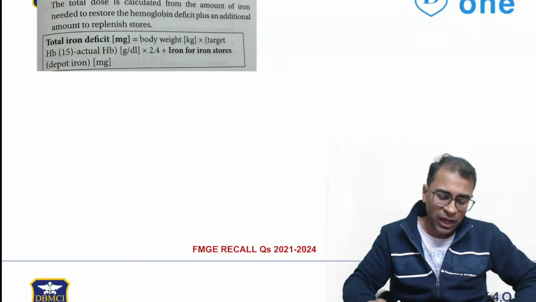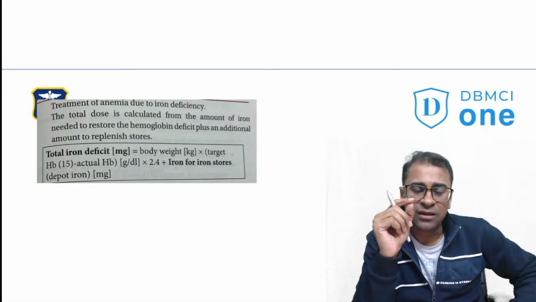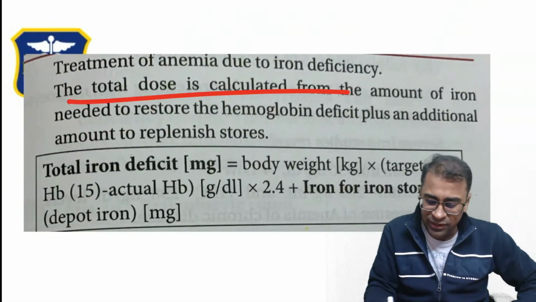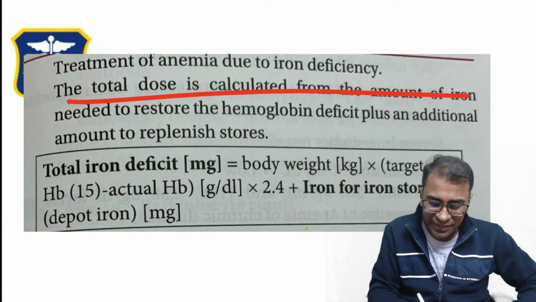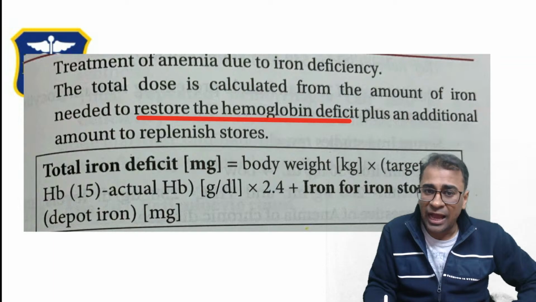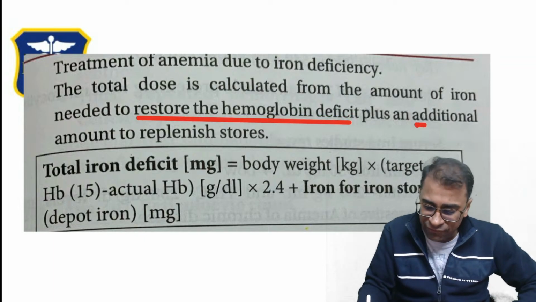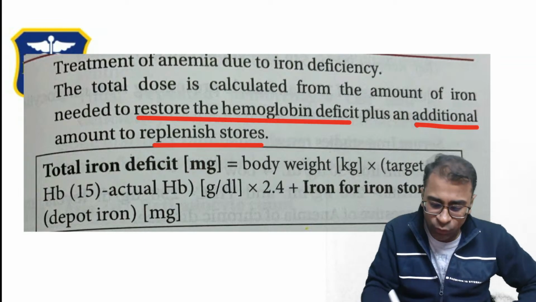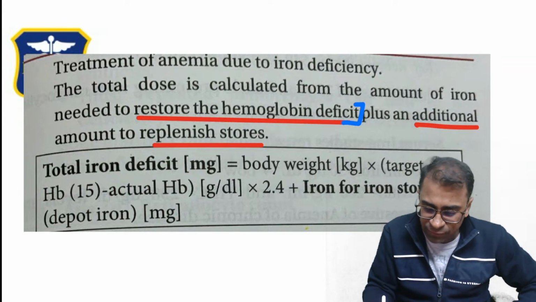देखो, how do we give the iron therapy? समझो, total dose is calculated from the amount of iron needed to restore the hemoglobin deficit, and along with that we also give an additional amount to replenish stores. But how to calculate the deficit of hemoglobin?